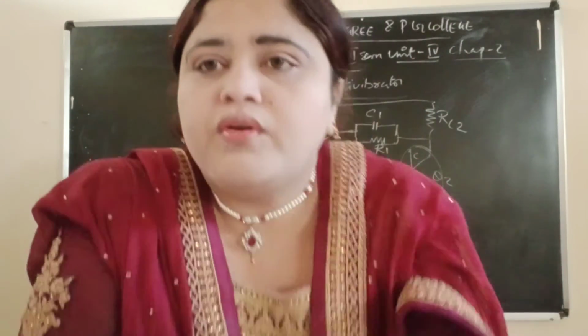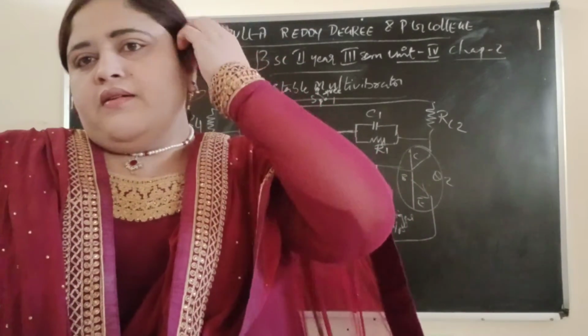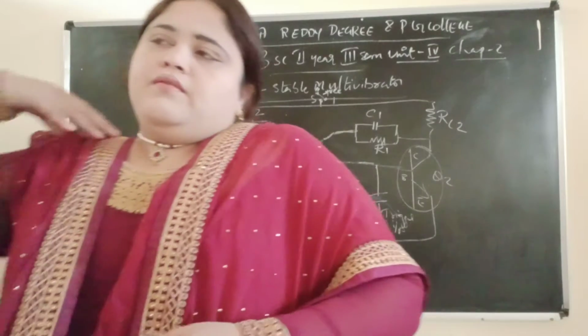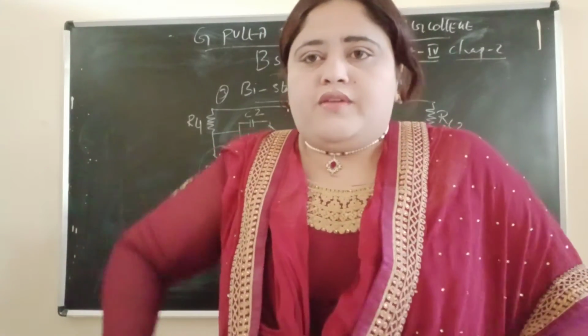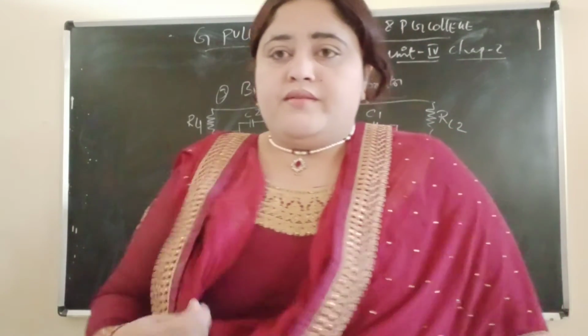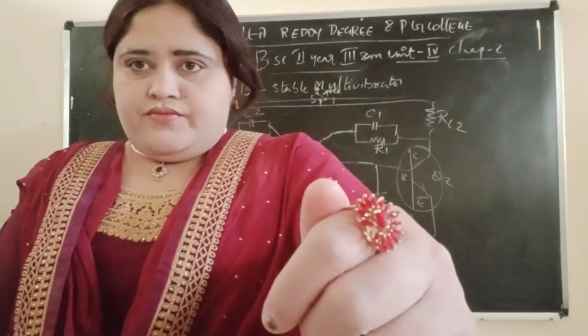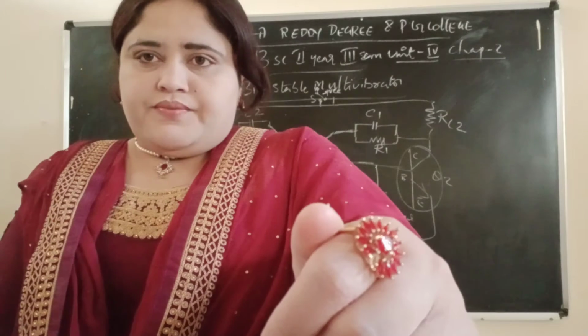This high voltage from Q2 will go as an input to Q1. Now Q1 is getting more voltage at the input side, so Q1 will become saturated. So now what is the position of the transistors before the trigger point? Q1 is in saturation, Q2 is in cutoff. Okay, till here you should remember.